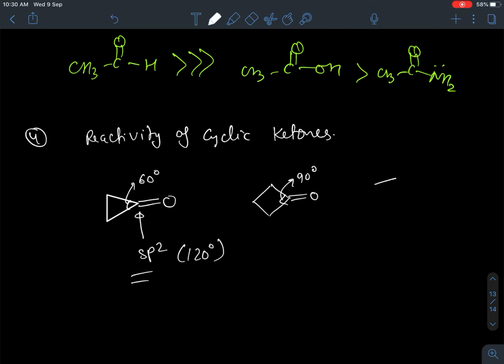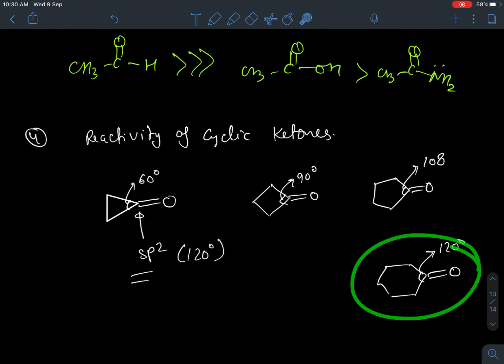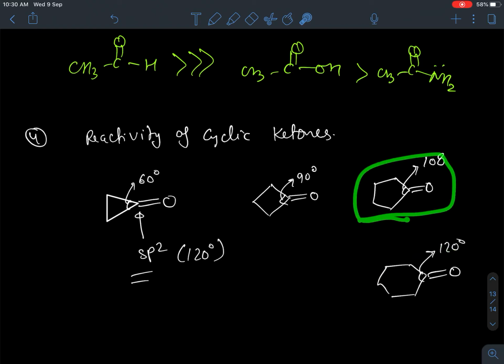And for 5-membered it will be close to 108 degree, and for 6-membered it will be close to 120 degree. So obviously there is no strain here, meaning this ketone is quite stable and happy, whereas this one is still under the strain of 120 degree minus 108. This much angular strain is there, and 120 minus 90 degree, this much strain is there.